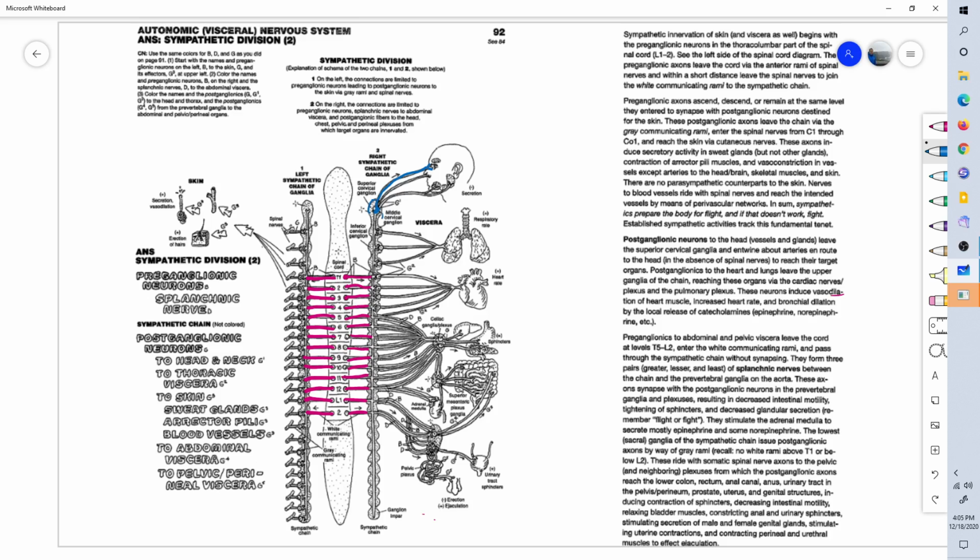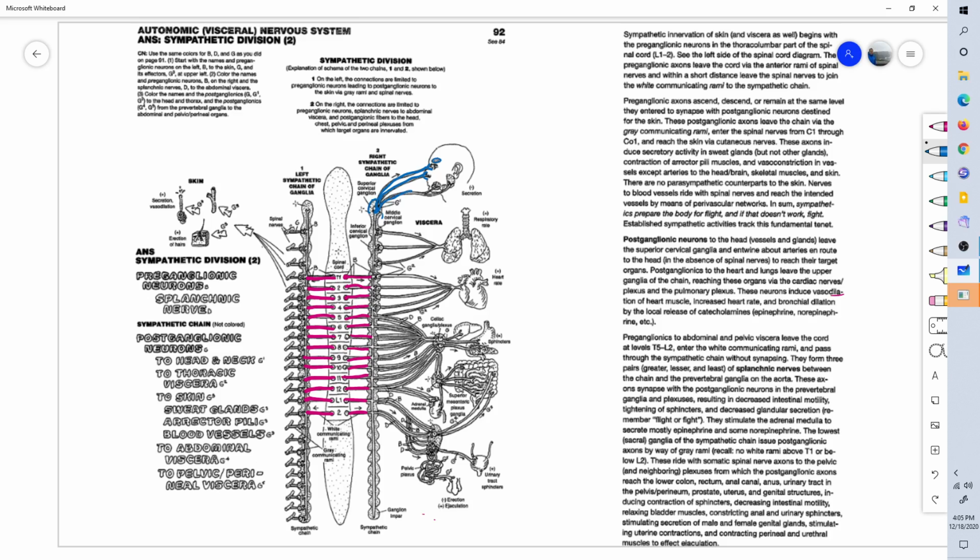And innervating the lacrimal gland, or the tearing gland, the gland that causes you to cry, or that causes tears and keeps the eye nice and moist. And here, another postganglionic neuron to the mucous membranes of the nose and the glands.